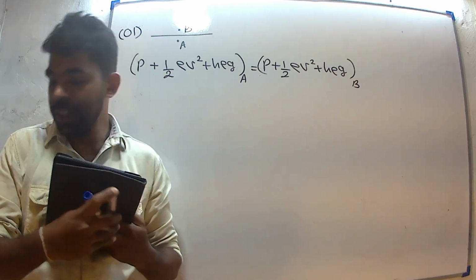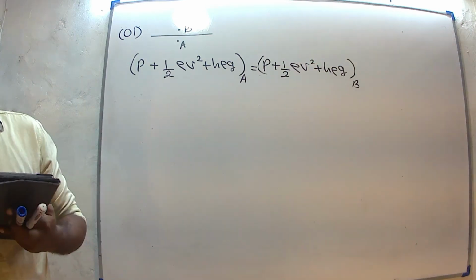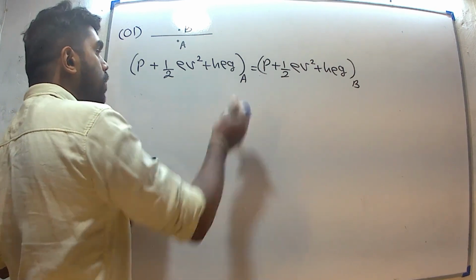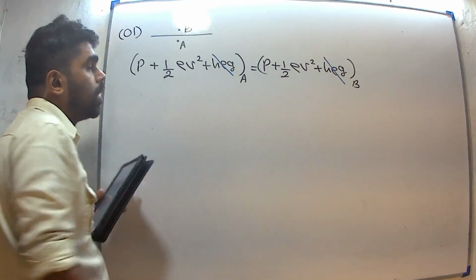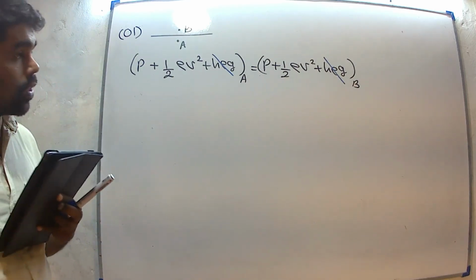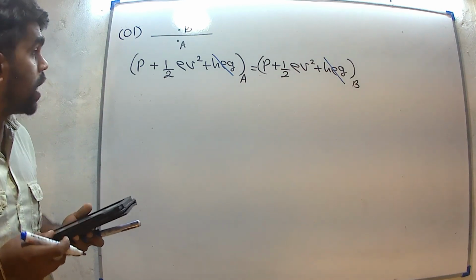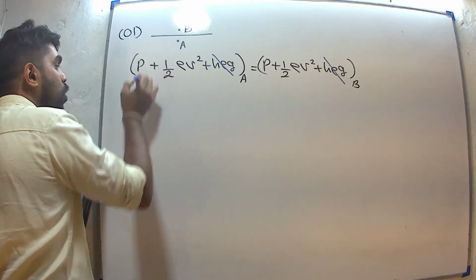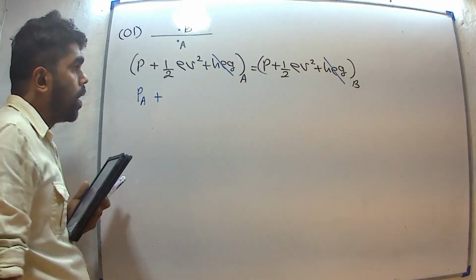We know that A and B are in the same horizontal line, therefore there is the same h value from the gravitational potential energy 0 level. Then I will use pressure of A as PA.